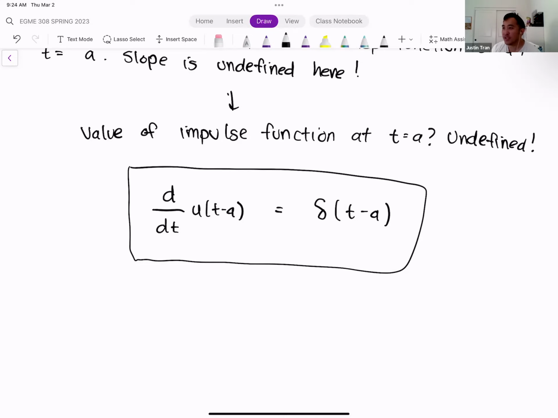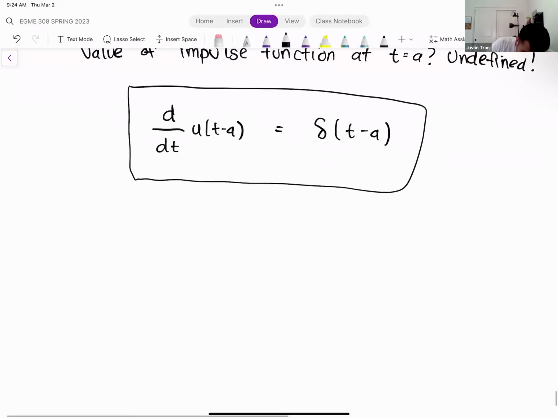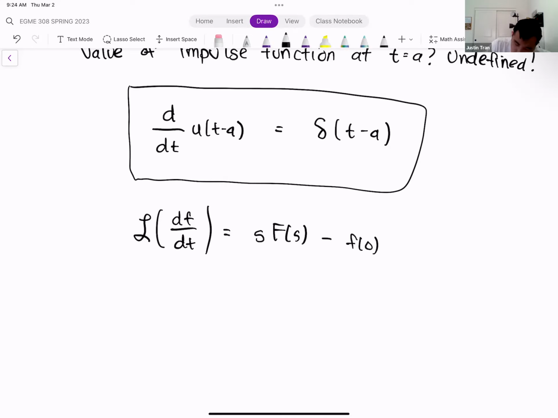But the interesting thing is that we can actually prove this relationship with Laplace as well. It's a very short proof, don't worry. If you remember, and we've been using this in our differential equations as well, taking the Laplace transform of a derivative gets us s times F of s minus little f of 0.